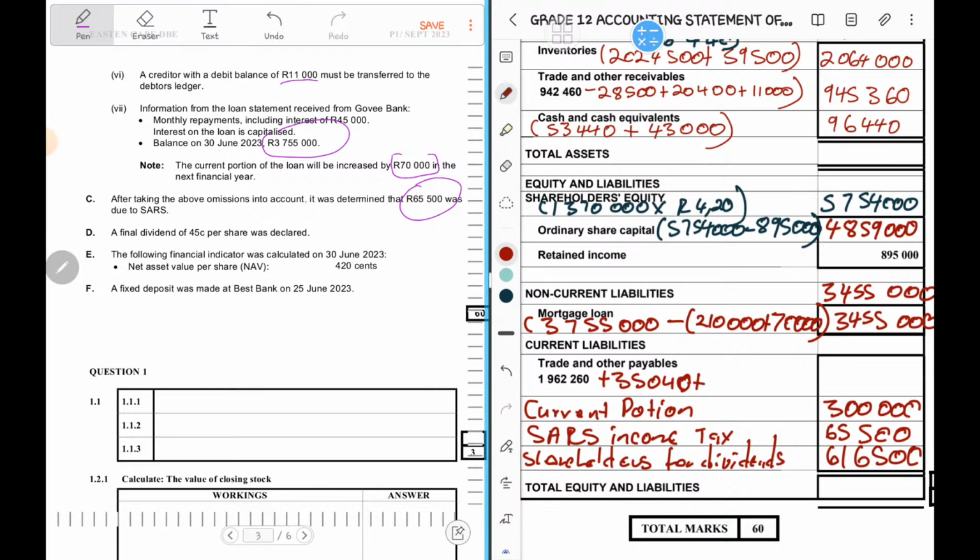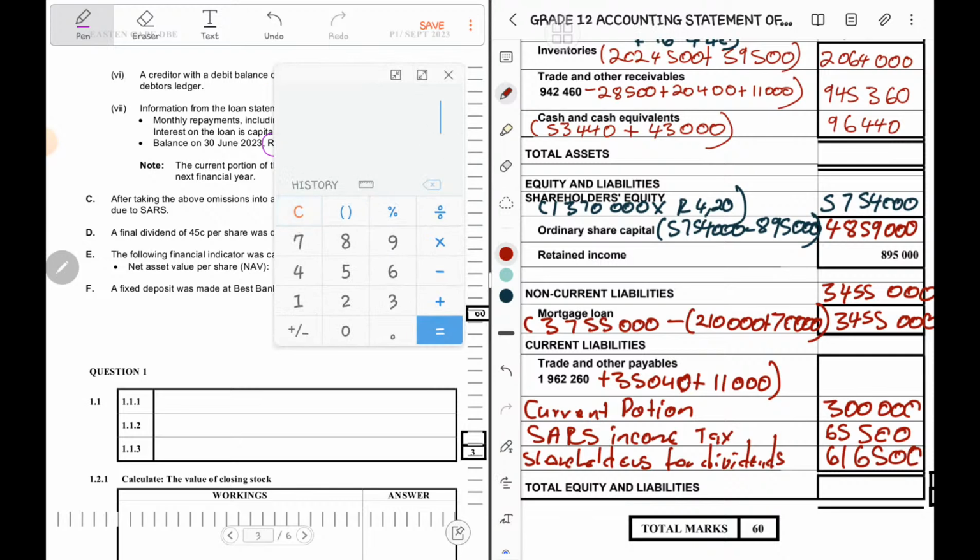When we want to cancel a debit balance, we have to take it to the credit side, and creditors control increases on the credit side. So we're going to say plus 11,000. Then that'll give us the total trading and other payables. So it'll be 1,962,260. We add 35,040. We add 11,000. That gives us 2,008,300.